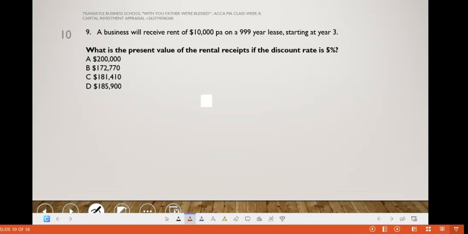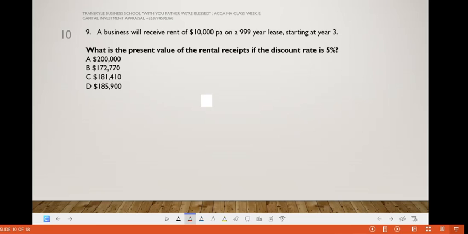Okay, here we need to consider a lot of things. So first we need to appreciate that this is a perpetuity starting in 3 years time. Okay, starting in year 3.